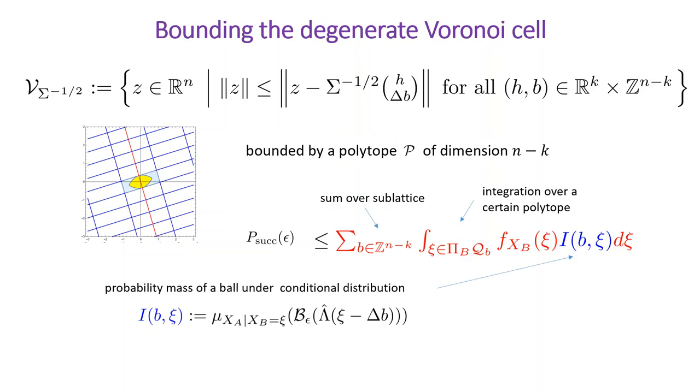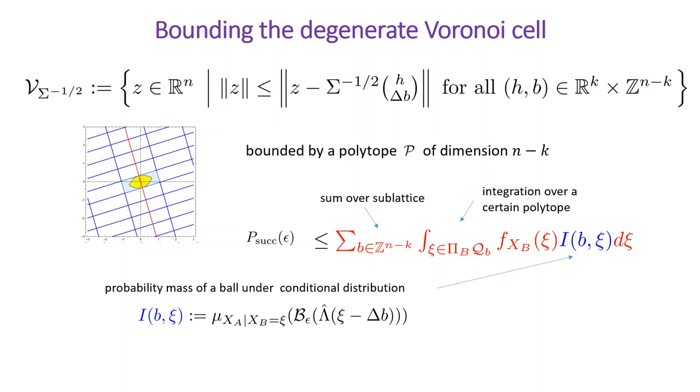By a suitable reparametrization, we can then give an upper bound on the success probability in terms of a sum over a lower dimensional sublattice and integration over a polytope. This is essentially a convex combination.